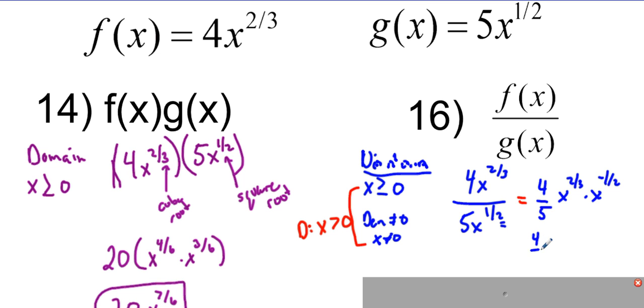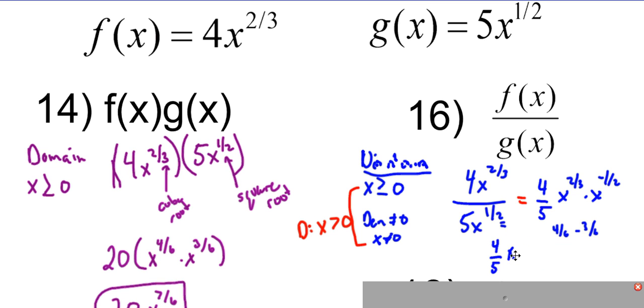So we have 4/5 x. Once again, 6 is going to be our key thing, just like the other side. So that's going to be 4/6 minus 3/6. And what we have then is a simplified answer. Let me move that over a little bit.